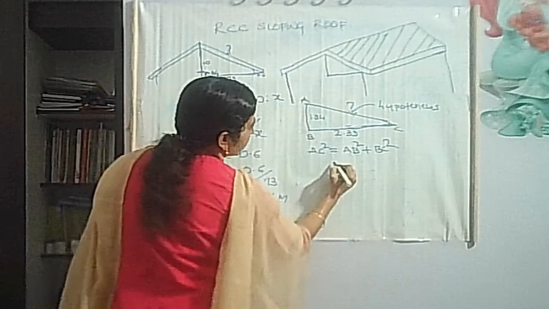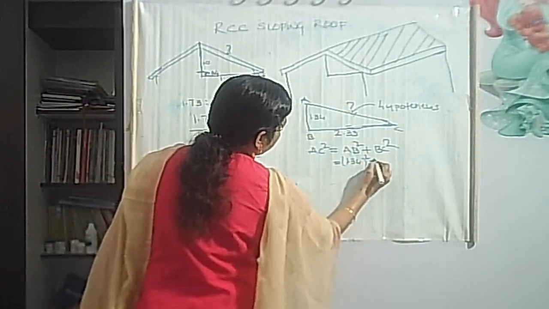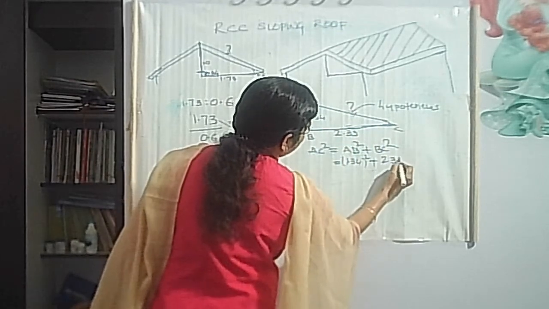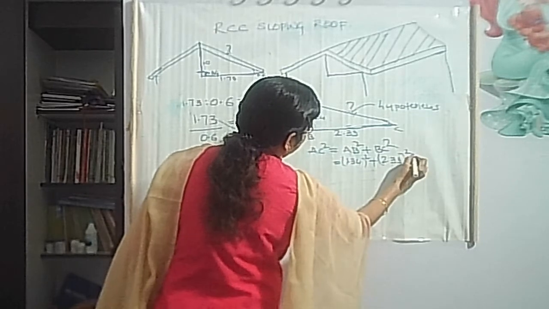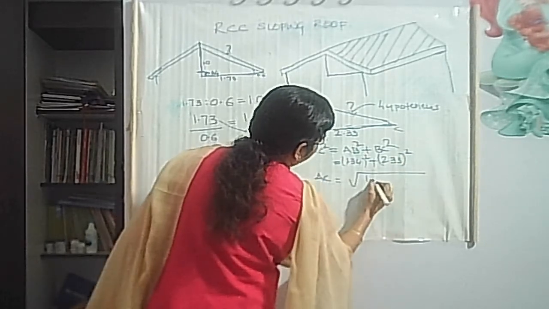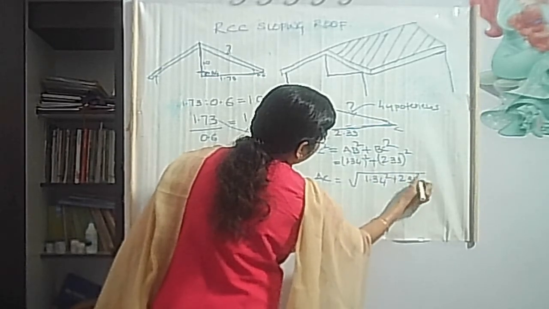So, AB is 1.34 square plus BC is 2.33 square. So, AC will be a root of 1.34 square plus 2.33 square.